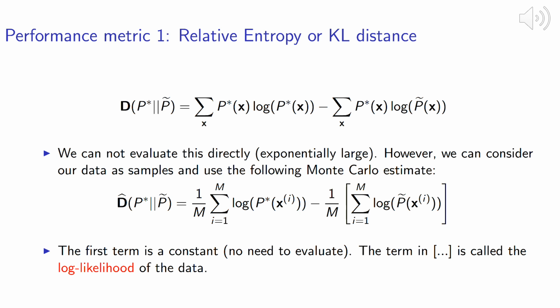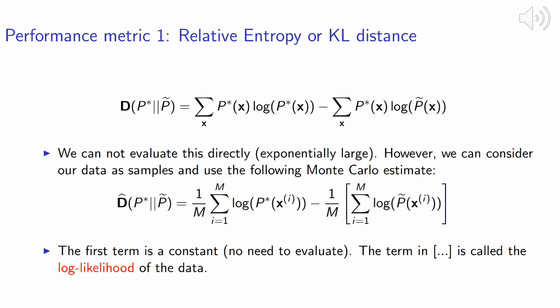At a very high level, KL divergence is the difference between the expected value of log of P star of x with respect to P star of x and log of P tilde of x with respect to P star of x. So you are computing the expected value. The first term here is the expected value of log of P star of x with respect to P star of x, and the second term, as you can see, is the expected value of log of P tilde of x with respect to, again, P star of x.